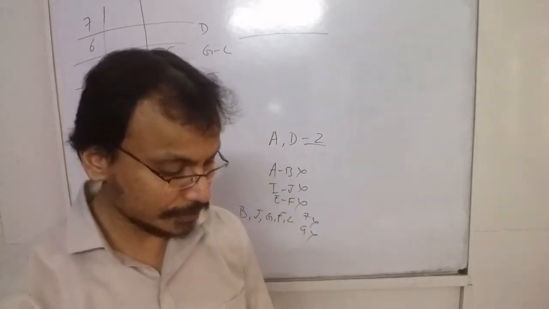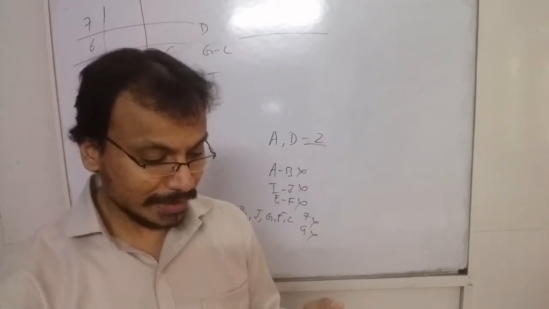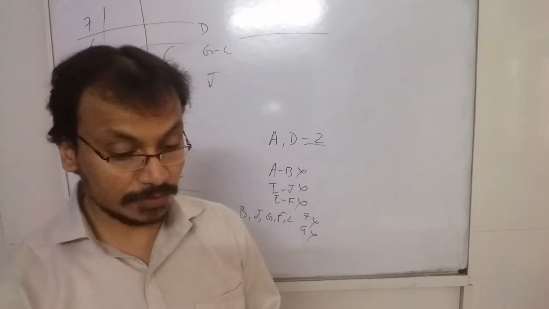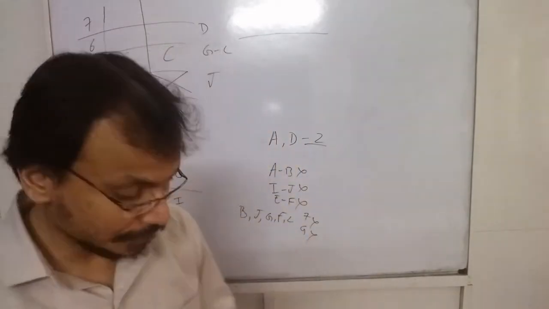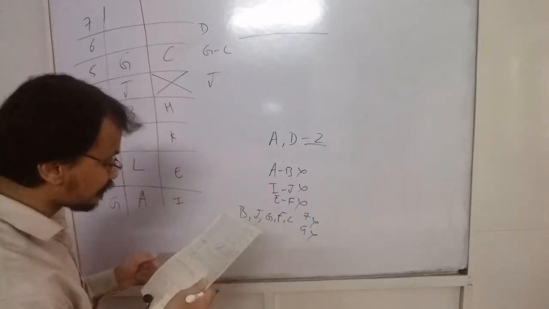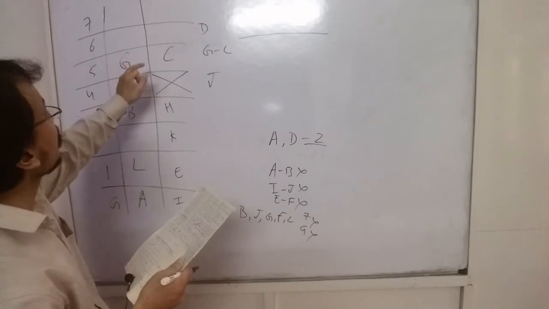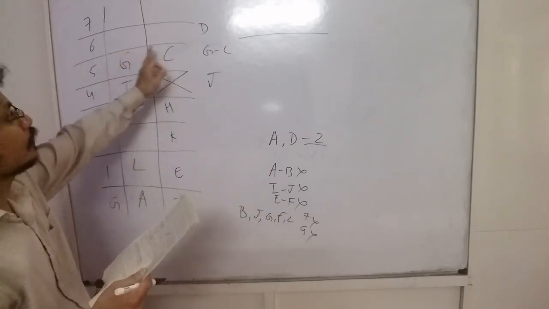Moving ahead, statement 2 says he occupies 2 flats either on the left hand side or right hand side of floors 6 and 7. Let us check this statement also. Yes, this could be the answer, because I am not sure.